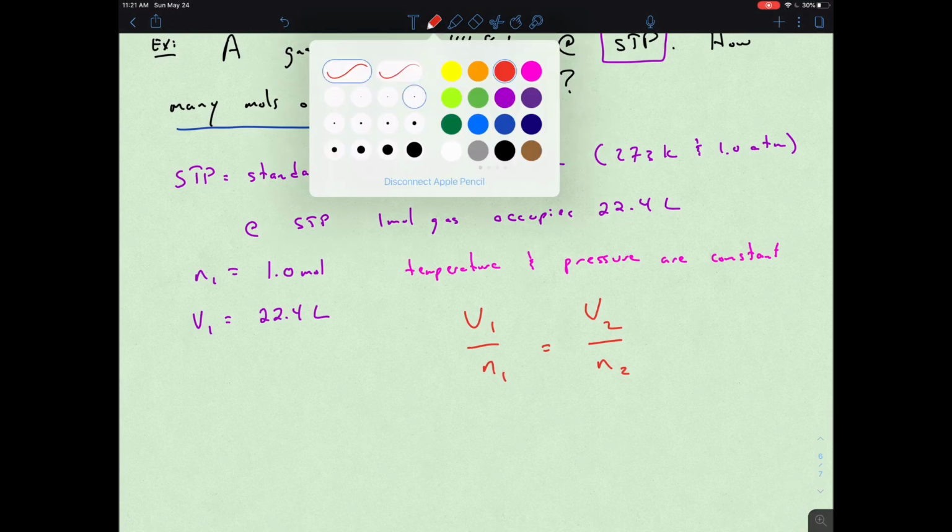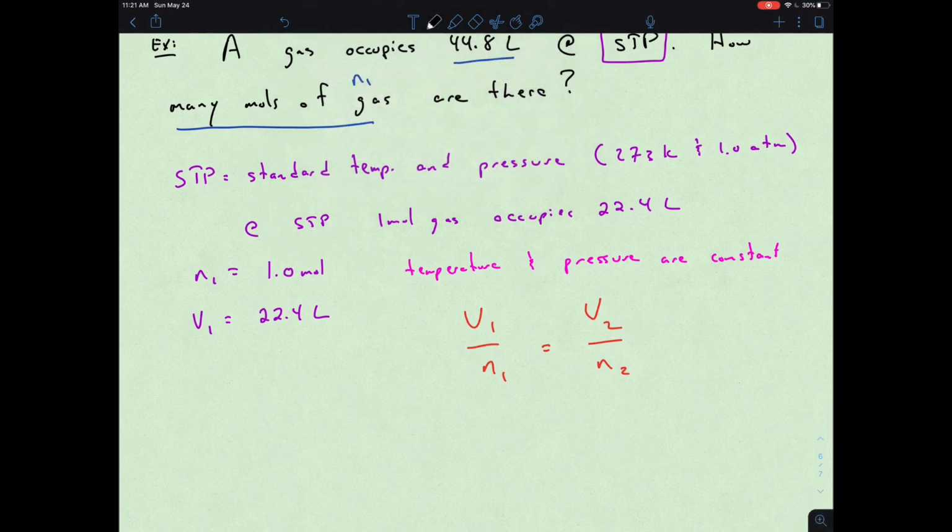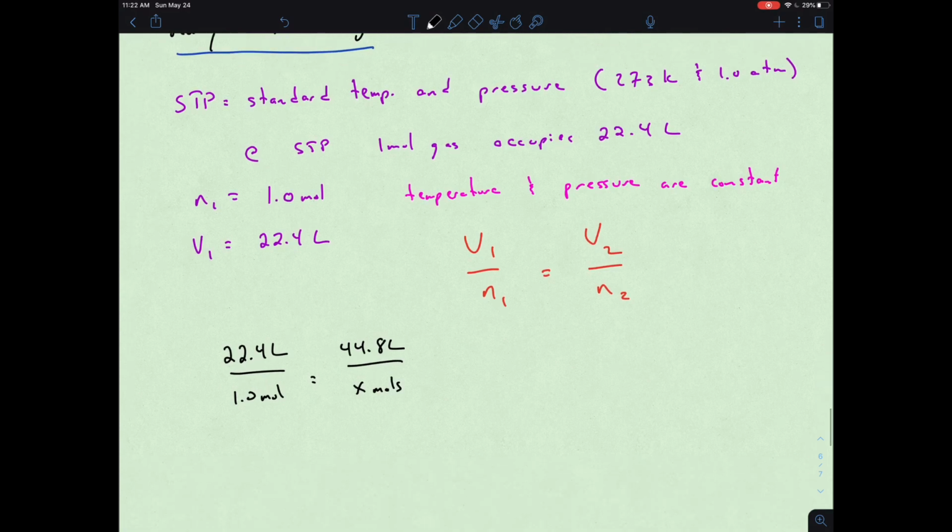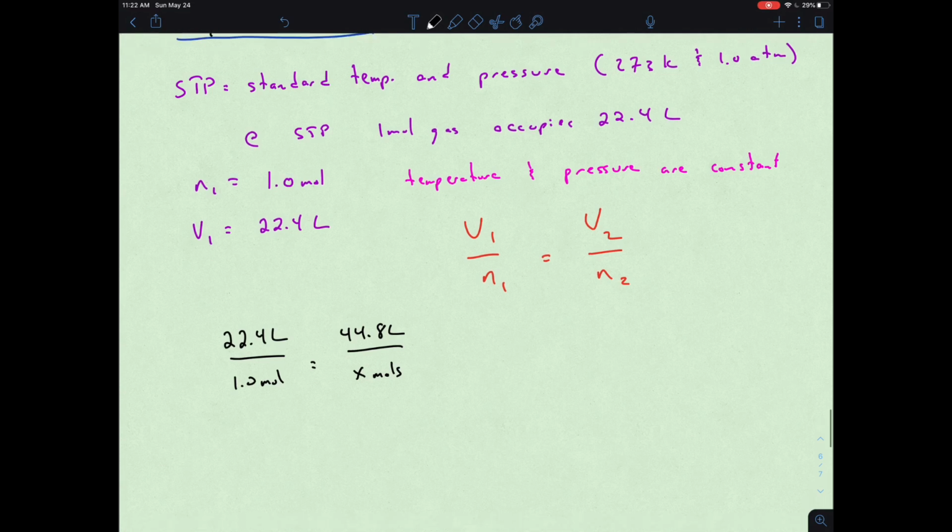So if we plug those values in, we could say we have 22.4 liters occupying 1 mole of gas, and now we're at this new volume of 44.8 liters, and we're trying to figure out how many moles of gas there are now.